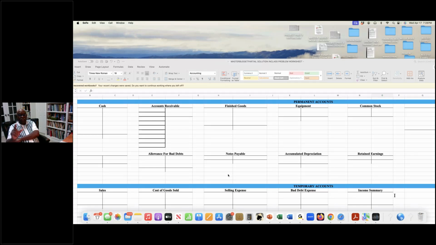So when the target loss is 100,000, let's go back to the sales schedule. If the target loss is 100,000, that'll be the second year.